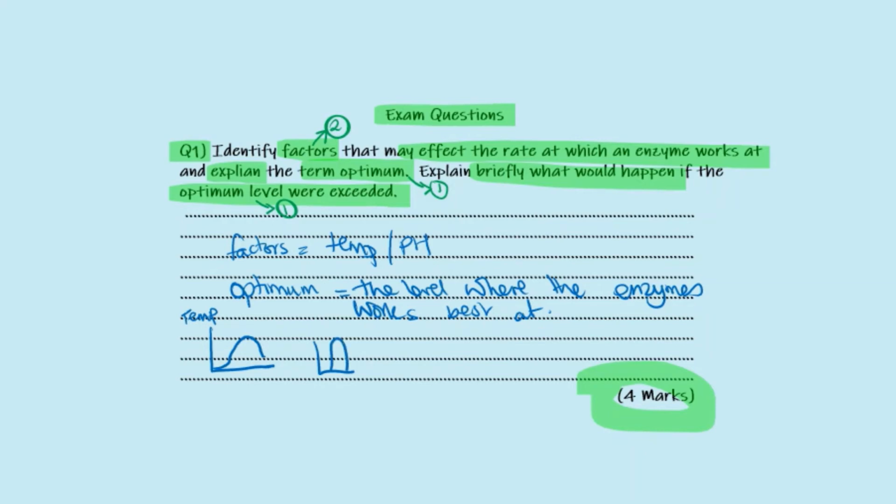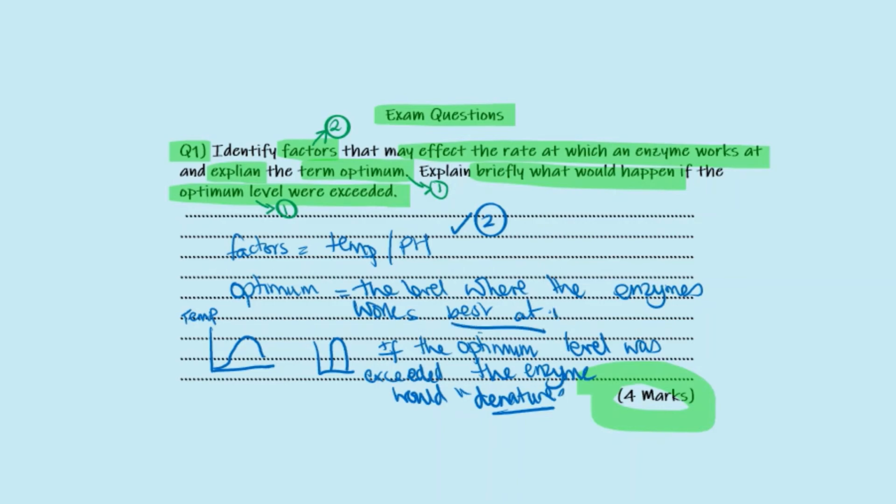So what would happen is that if the optimum level was exceeded, the enzyme would denature, and denature is where your last mark is. So you have 2 marks there. You have a mark for saying where it works best at there, and you have your mark for saying it denatures for your 4 marks.